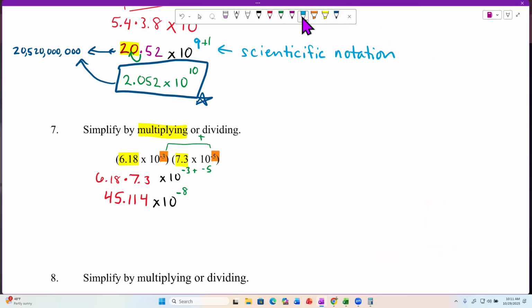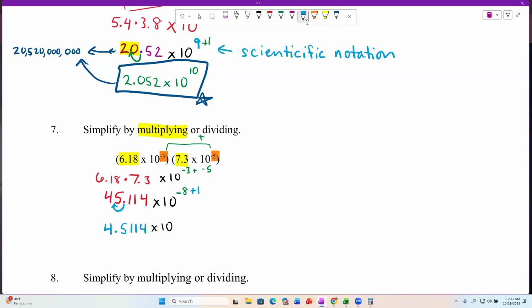And then again, I need my answer in scientific notation, but I have two numbers in front of my decimal point, and that is not allowed. So we are going to move the decimal point one spot over to be 4.5114 times 10. And then because we moved the decimal point one spot to the left, we are going to add a 1.